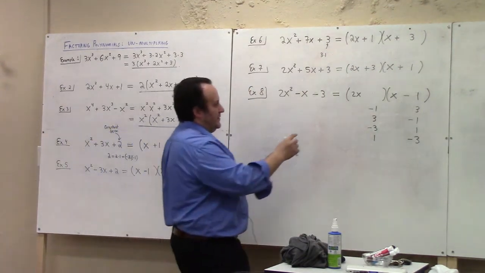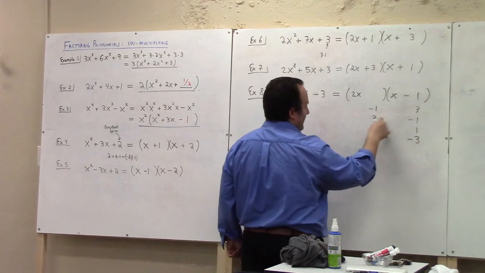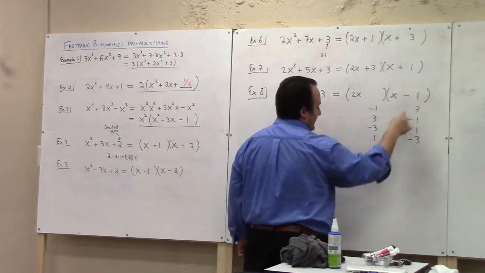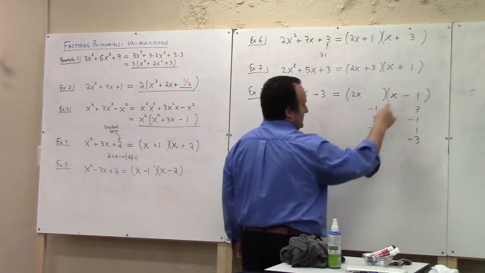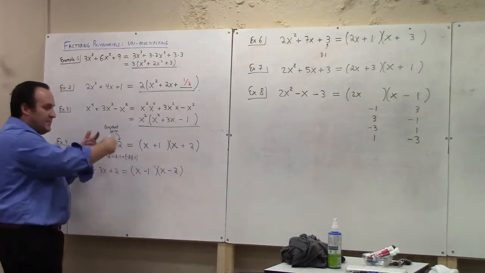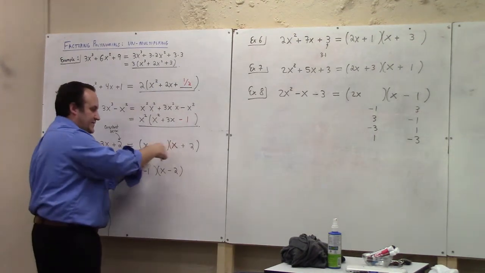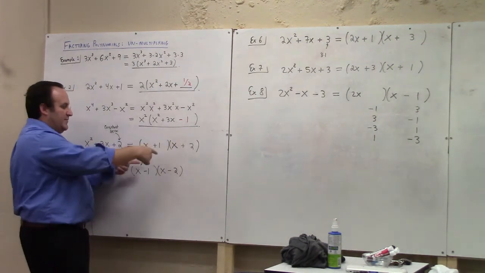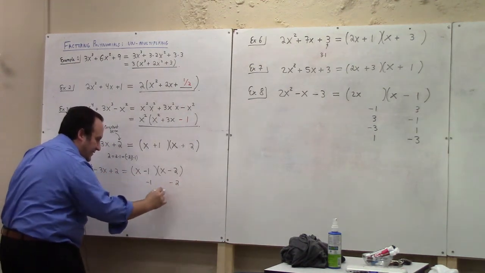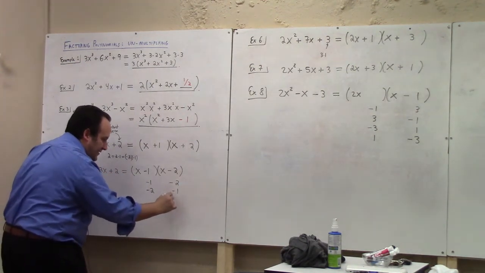Because I could put -1 here, and I could put 3 there. I could put 3 here, I could put -1 there. I could put -3 here, and 1 there, or 1 here, and -3 here. In these problems back here, I could either put a -1 here and -2 there, or -2 here and -1 there.